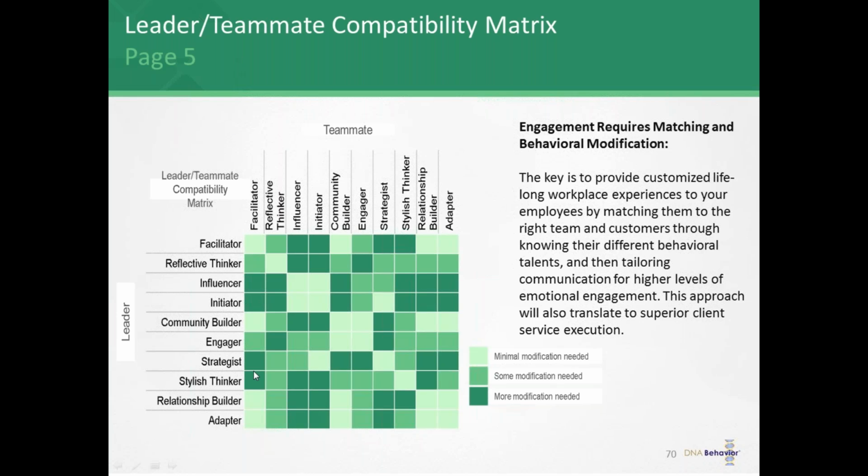So for example, a community builder working with an initiator, there would need to be a lot more modification required over the longer term for that relationship to work. They may get along very well, particularly if the community builder is following the initiator, but what's important to recognize is that there are big differences in the styles, and somewhere that may catch up in terms of the engagement.